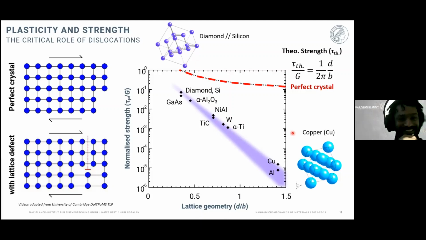Good one. But on the other end of the spectrum, we have what's called face-centered cubic lattice structures like copper or aluminium, which are not as compact. So we have much broader geometries, and these allow a much easier or lower energy barrier to pushing defects through the crystal structure. And so therefore we see a strength which is much, much below the theoretical strength.